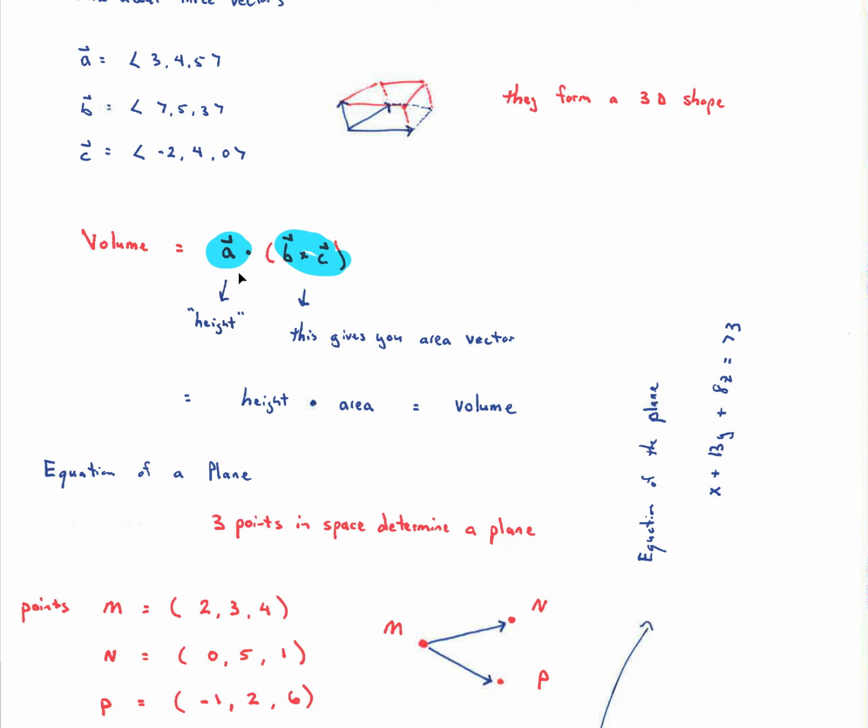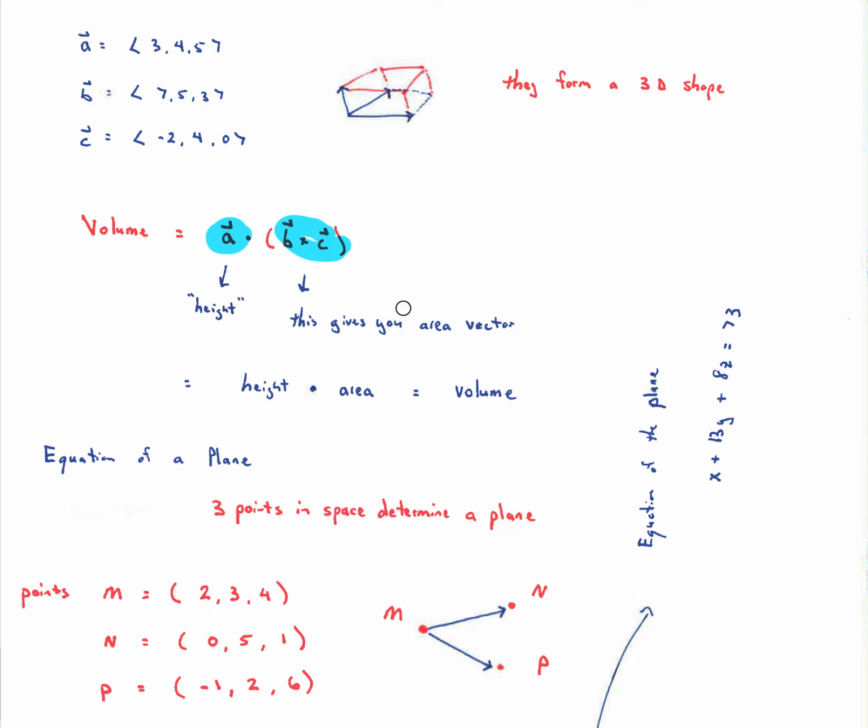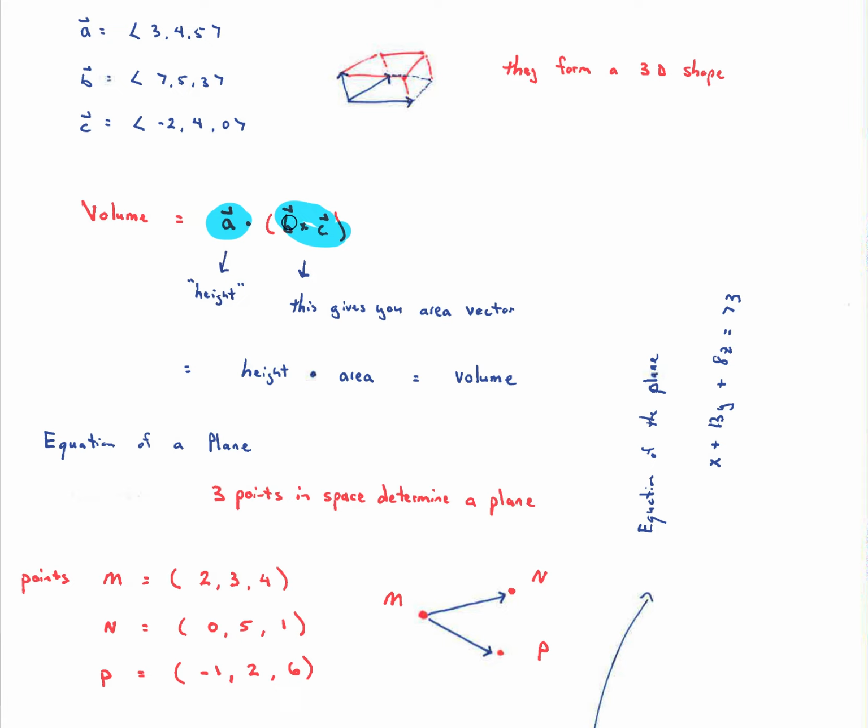And again, it's the dot product because it's only the height in the direction of the normal vector, meaning the height needs to be only the piece that goes straight up from your base. And again, this is also symmetrical. A dot B cross C would be the same thing as B dot A cross C or C dot A cross B. It wouldn't matter because we can find the area of any of these parallelograms and then multiply by the corresponding height.